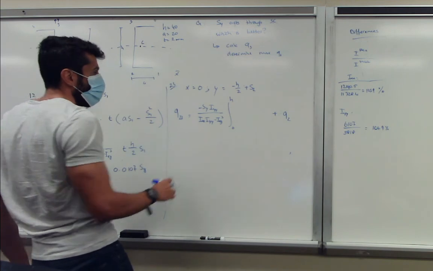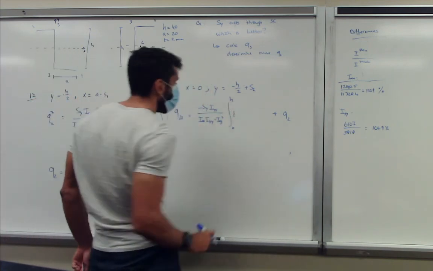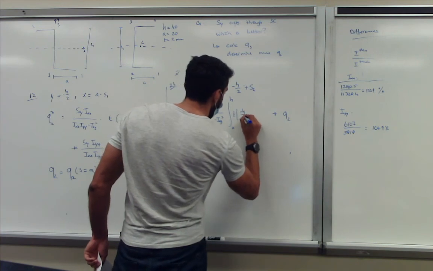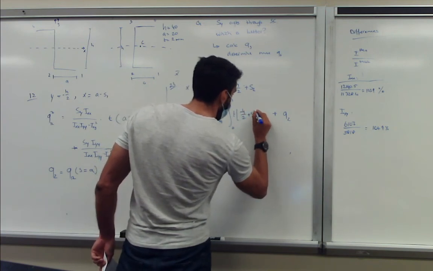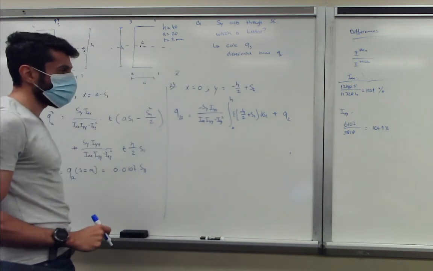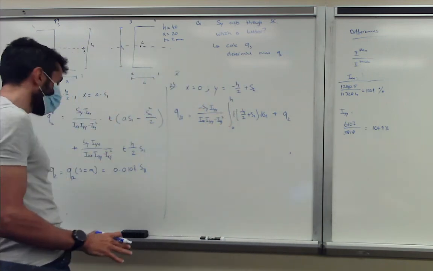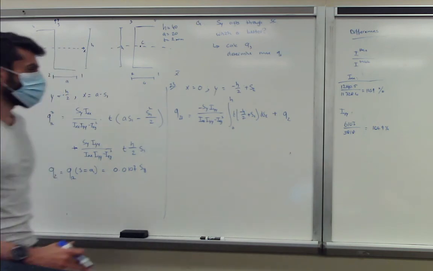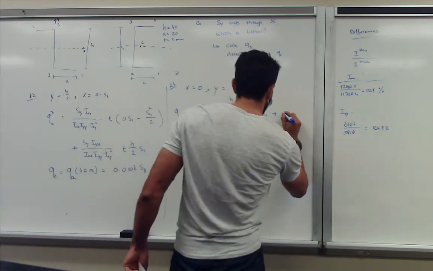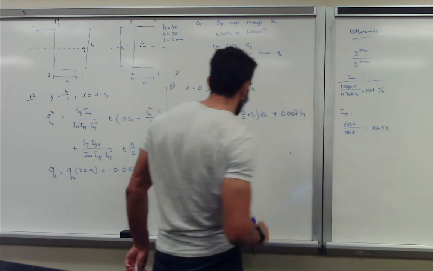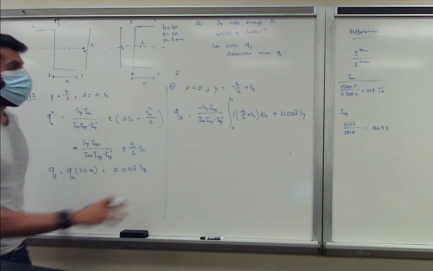We identified t remains, and we identified that y is minus h over 2 plus s2, ds2. So that's our equation, and Q2, that's what we calculated here. So that is plus 0.0107 Sy. So this is our equation. And now we do the integral.